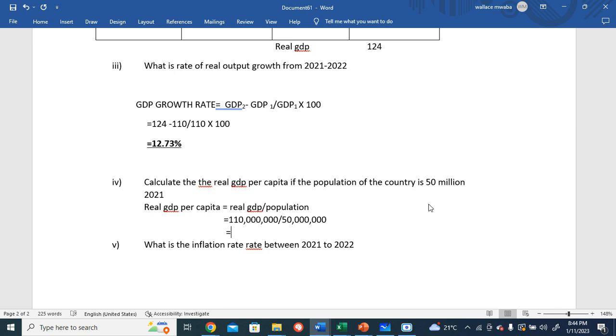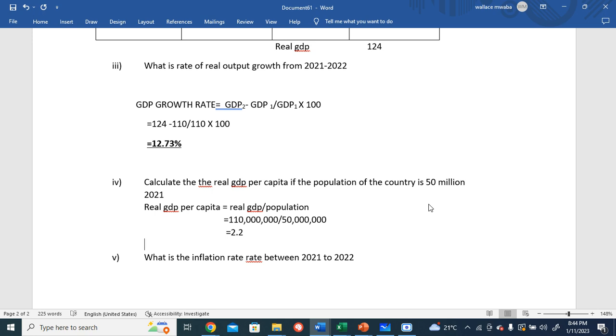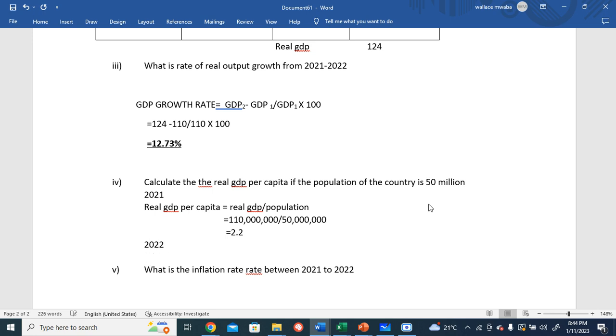So it's 110 million divided by 50 million. That's 2.2.